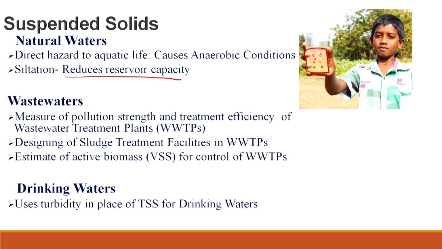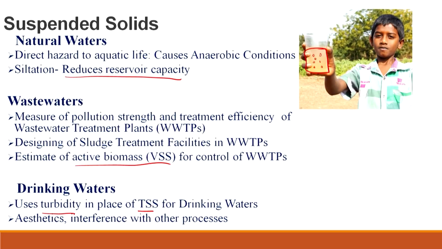So, let me go ahead and look at the estimate of biomass and so on and so forth. We will not look at this for now. For drinking water, we use turbidity instead of total suspended solids, but what is the issue? Aesthetics, obviously, people will not drink this, and the other issue is that suspended solids act as carriers of either inorganics or, more importantly, of pathogens, right.